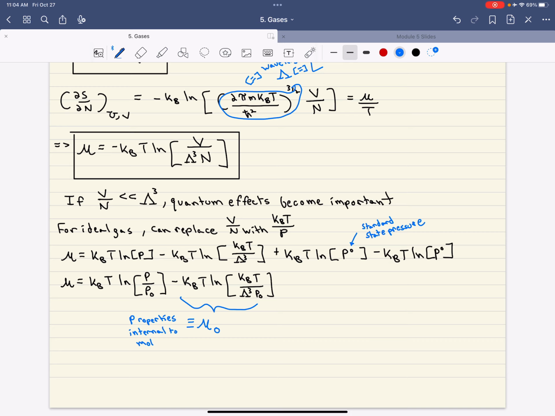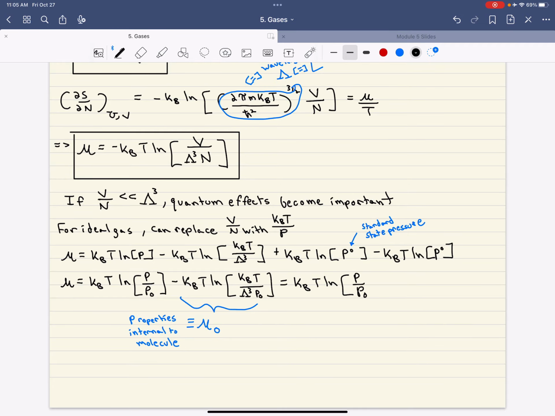So properties that don't depend on the size of the volume or the pressure, right? These are properties that don't depend on pressure. Okay? All right, so with that constant defined, we can now write our chemical potential like this. kBT ln P over P naught.